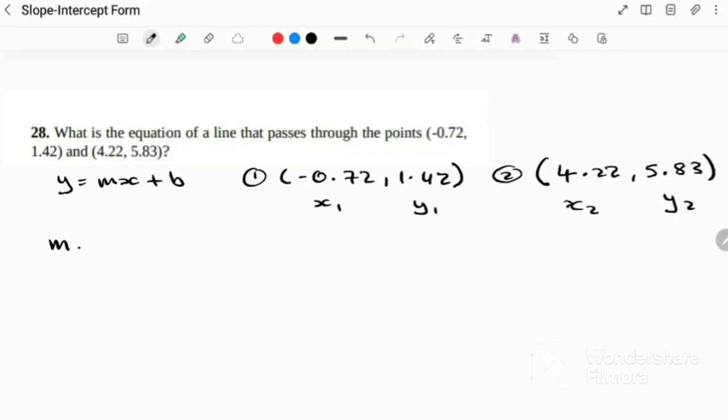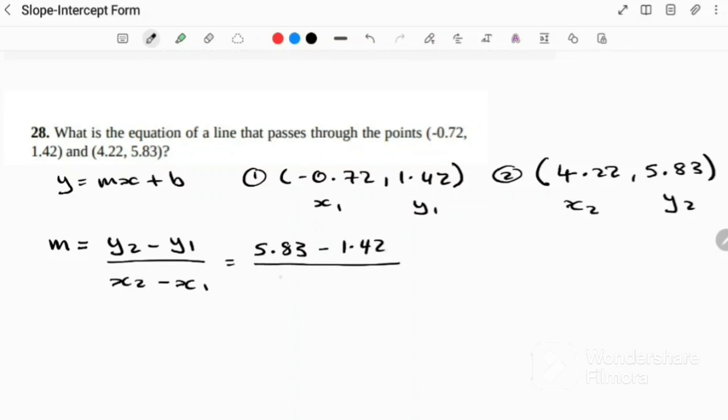The formula for the slope of the line is y2 minus y1 over x2 minus x1. So let's plug in these numbers. We have 5.83 minus 1.42 over 4.22 minus negative 0.72. You got to be careful with the signs. So the negative and the negative will make this a plus.